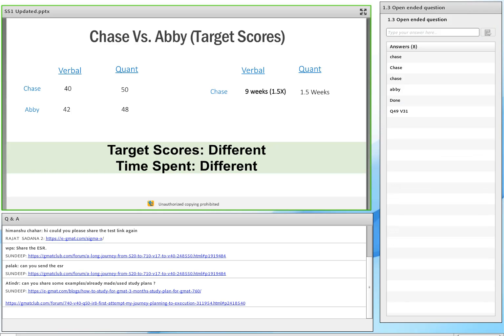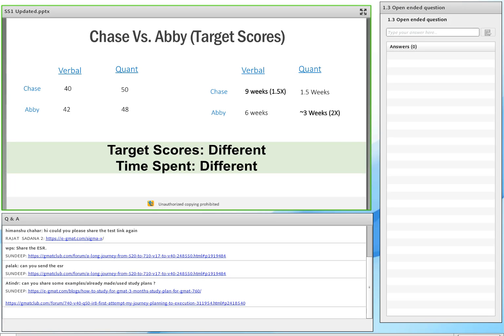If you think about Chase, he needs to get to a V40 in about 9 weeks, and Abby to get to a V42 needs about 6 weeks. So Chase needs about 50% more time to get to a V40. Similarly, Abby needs twice as much time on quant when it comes to reaching her target score.